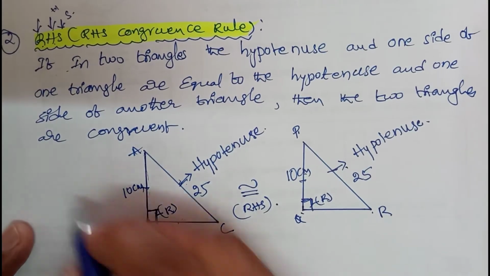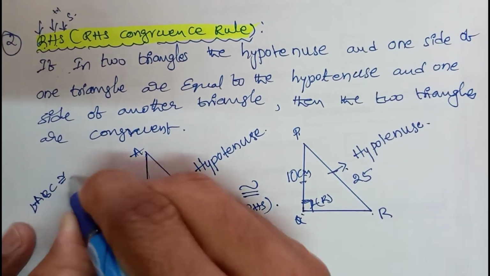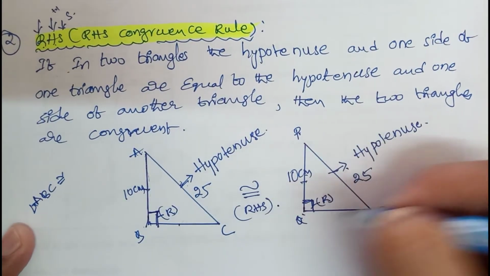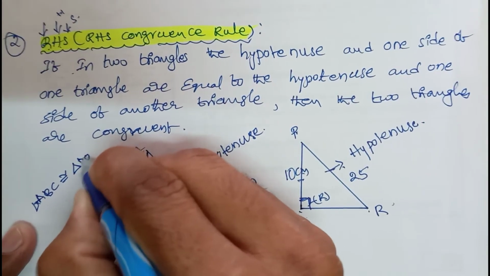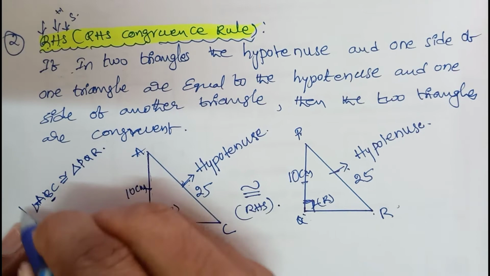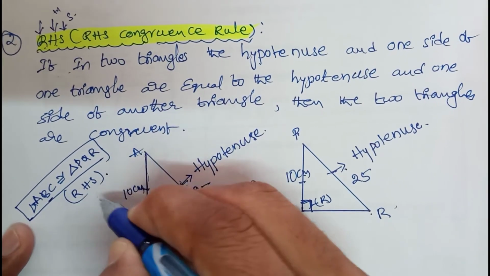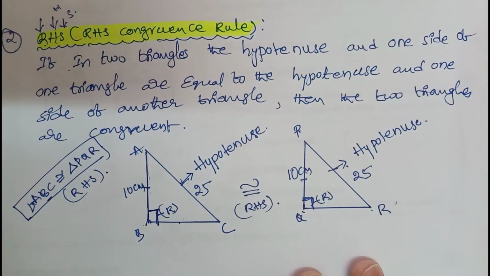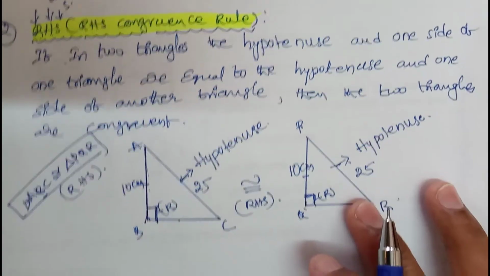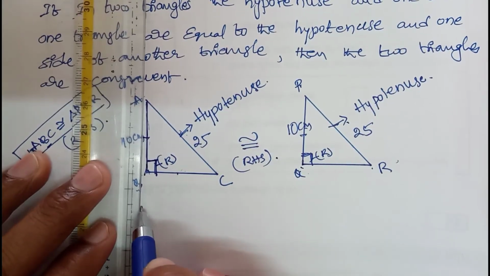We can write triangle ABC is congruent to triangle PQR by RHS rule of congruence. Most of the students get confused here. One more figure I will give you to help you understand better.